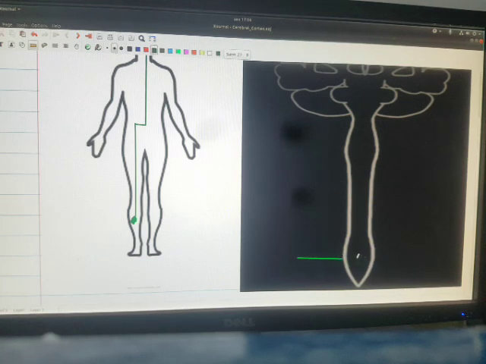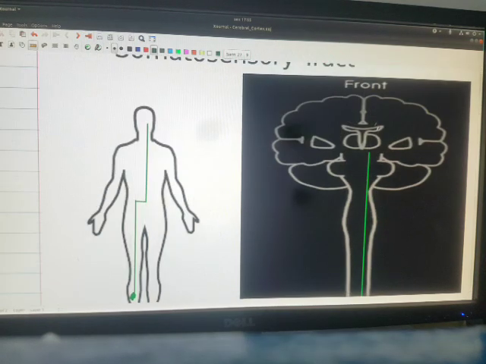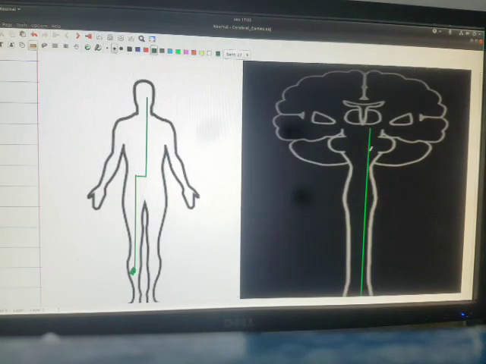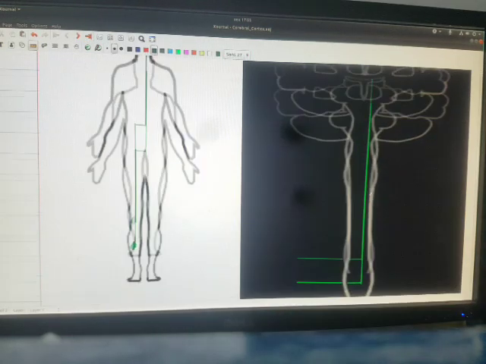It will enter here, and then it will cross and then go up until here. Here all the sensations will be kept together. So when I hurt myself on the left side of my body, the right side of my cerebrum will get the information, and vice versa.